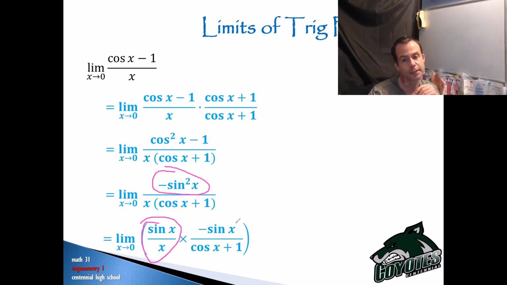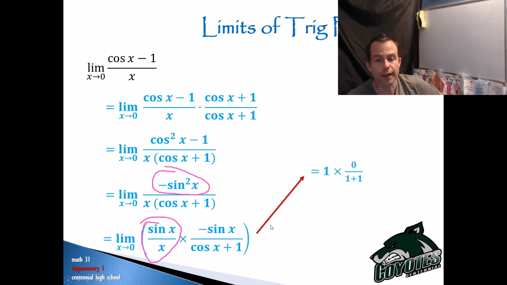But now I have to deal with this. So how am I going to deal with that? Well, I know that the limit of negative sine x as x approaches 0 is 0. That was one of the very first limits we talked about. The limit of sine x as x approaches 0 is 0.